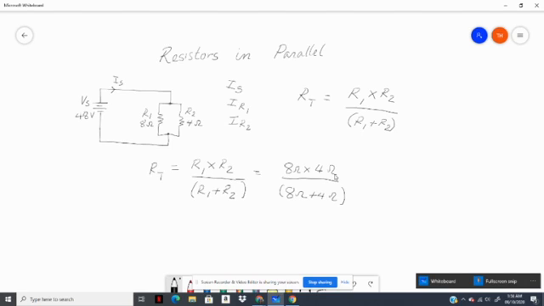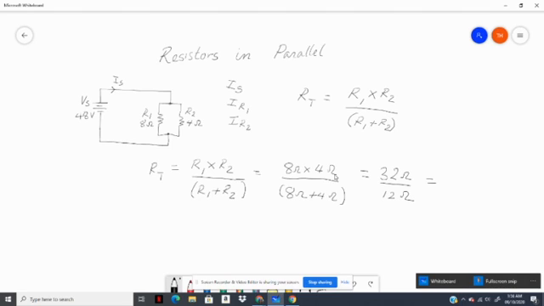And that comes out to 32 ohms divided by 12 ohms.